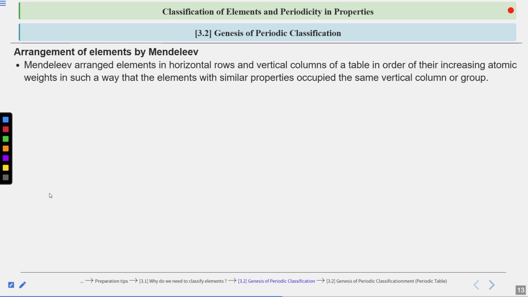Instead, he relied upon the properties. If he saw that two elements have the same property, then regardless of what atomic weight they have, he put them in the same period and the same group. Okay.